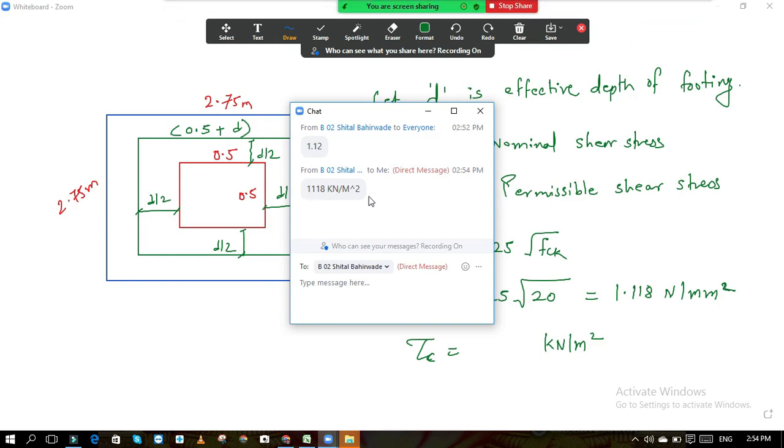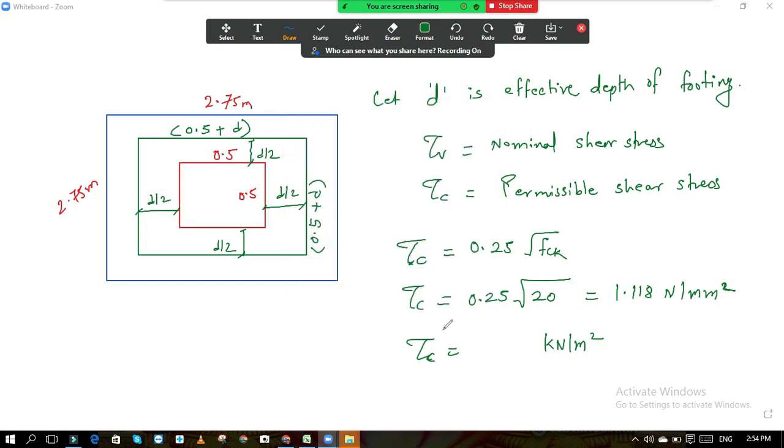It is 1118. Why is so much time required? See, it is very easy.